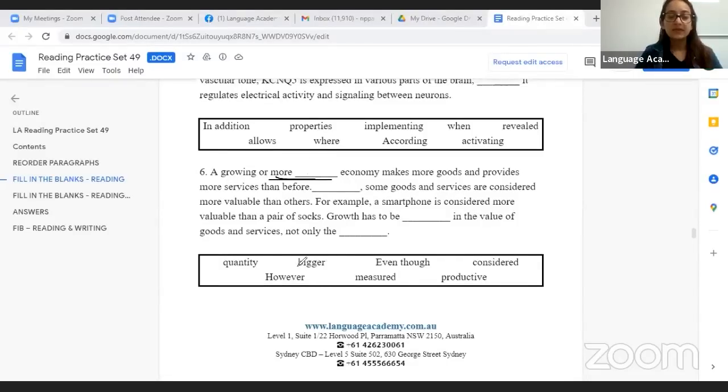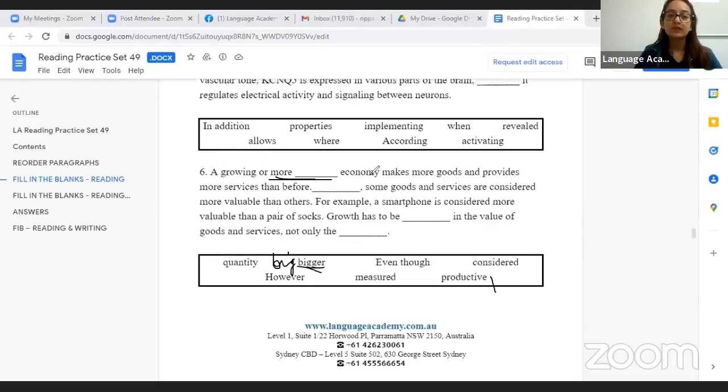For example, we cannot write bigger because the first form of bigger is big. And we have already changed bigger, then we cannot put more with that. More can be written when we say more big, not more bigger. So the answer was more productive because out of the other options, nothing was possible.